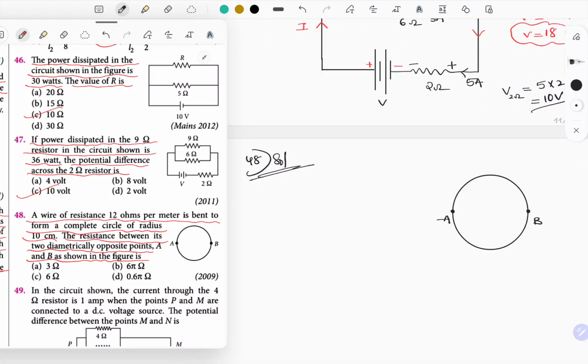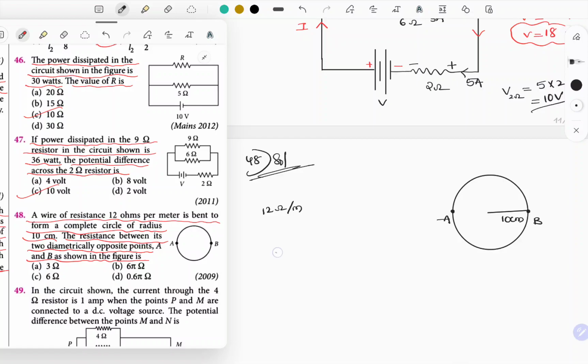So a straight wire is bent in the form of a circle. The resistance of that wire is 12 ohms per meter, and it forms a complete circle of radius 10 centimeters. So they have given the radius, which is 10 centimeter. 10 centimeter can be replaced as 0.1 meter, right?